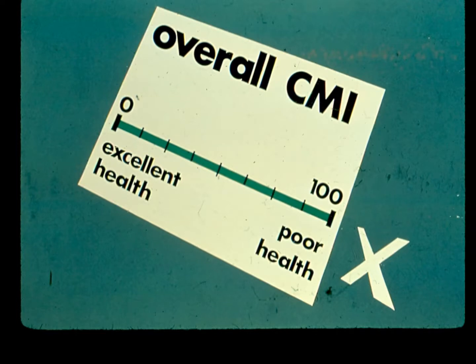From the questionnaire, an overall health index of health status called the Cornell Medical Index, or CMI, is derived for each individual. This score can range between 0 and 100, where the higher the score, the poorer the health. It is the CMI score that is the variable X under study.